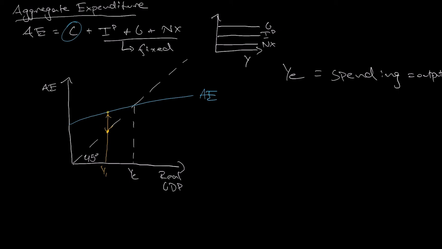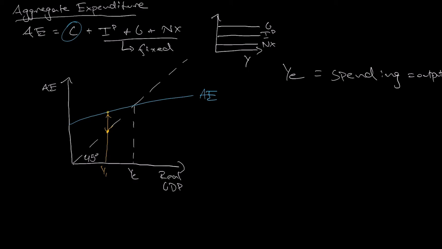So what would happen in reality is people would just start to erode the level of inventories of firms. The level of inventories would actually decrease as people are spending more money than firms are producing. So the level of inventories of firms starts to fall, and it acts as a trigger for firms to start producing more to meet this excess demand.